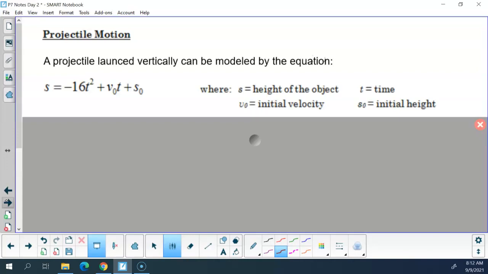So a projectile launched vertically can be modeled with the equation s equals negative 16t squared plus v sub 0 t plus s sub 0, where s is the height of the object, v sub 0 is the initial velocity, t is time, and s sub 0 is the initial height.